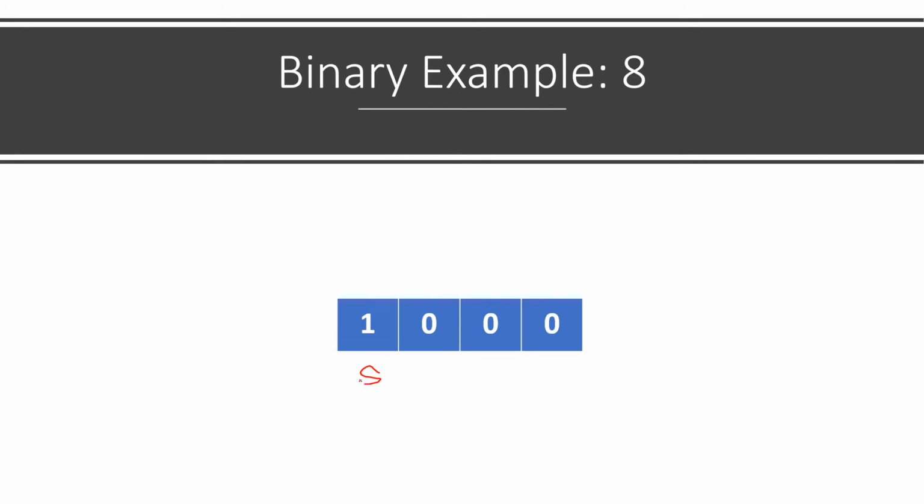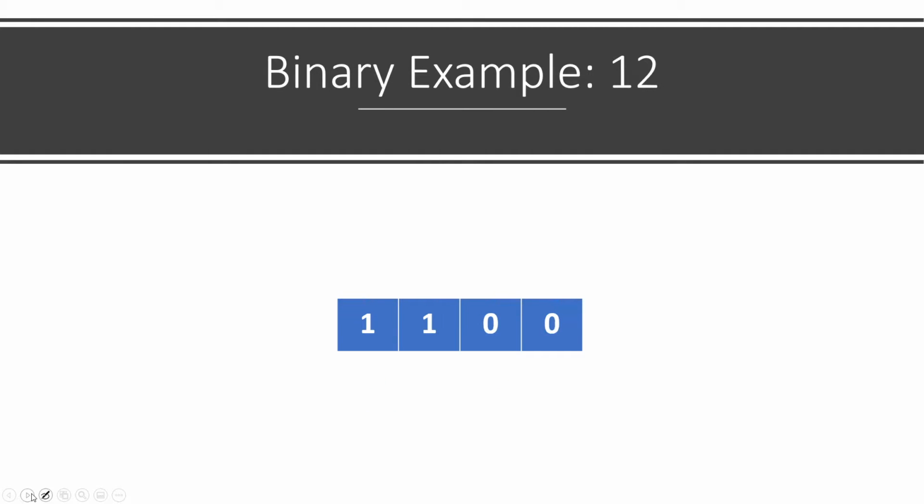On 8, we clear everything and we have the 8th digit, or the 8 value, and so on and so forth. So you're just counting in a different way. I'd almost argue it's very similar to counting in base 10, but we just have fewer digits to work with.